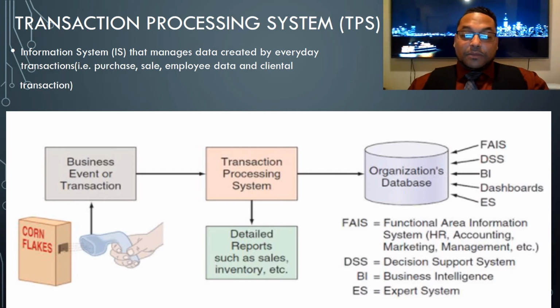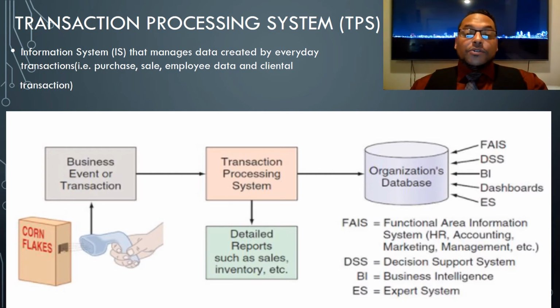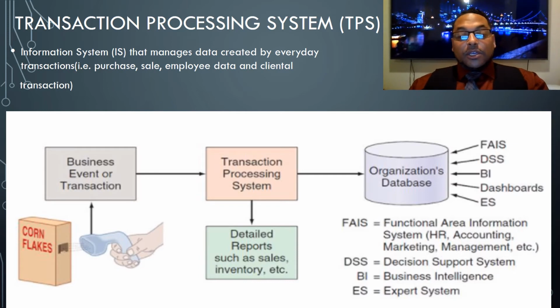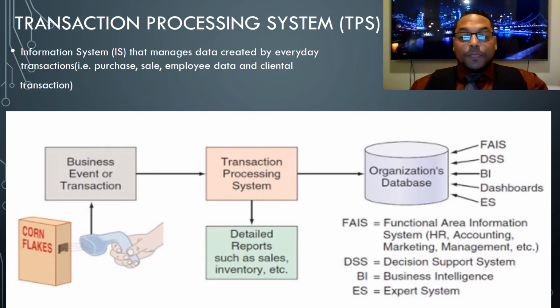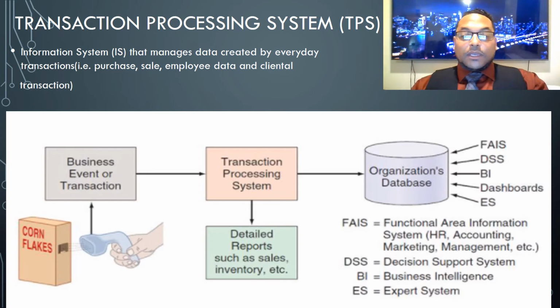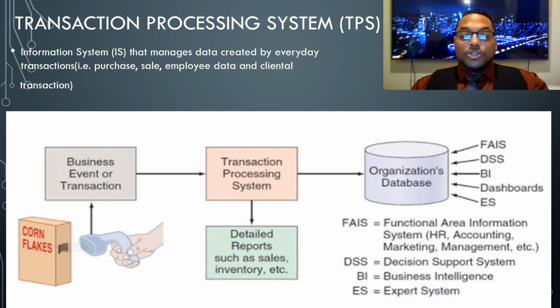The engagement, any outlying factors that may require looking into in the future, notes, or as the model shows us, detailed reports, right? Which is segued or connected to this transaction processing system.